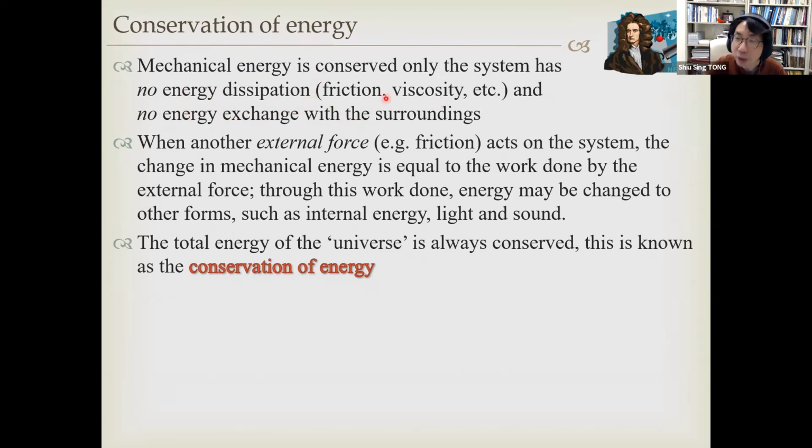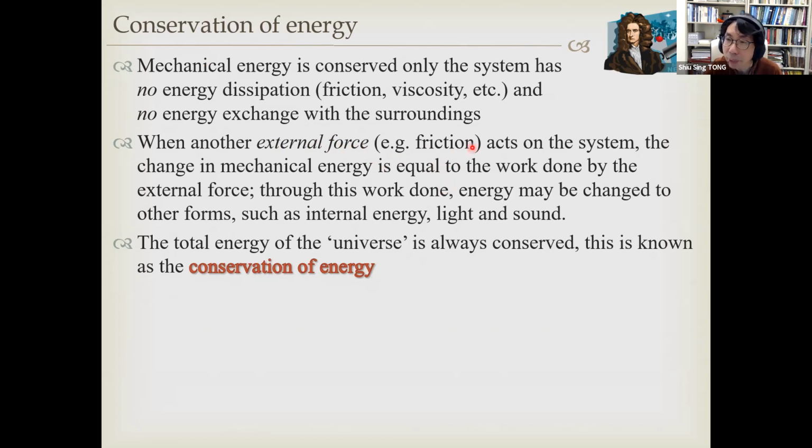If I have a frictional force that changes the energy into heat, and if I have an external hand pushing the whole thing, then the mechanical energy of the system itself will not be conserved. Now we consider a case of friction, because frictional force always causes a dissipation of energy in the system.